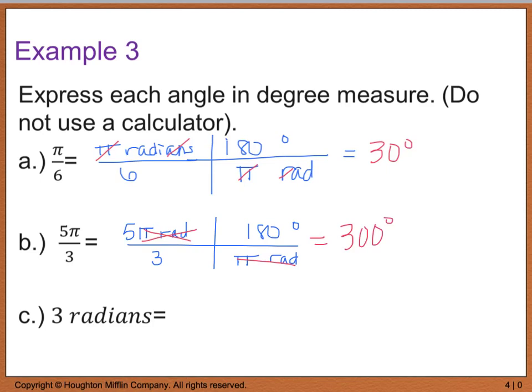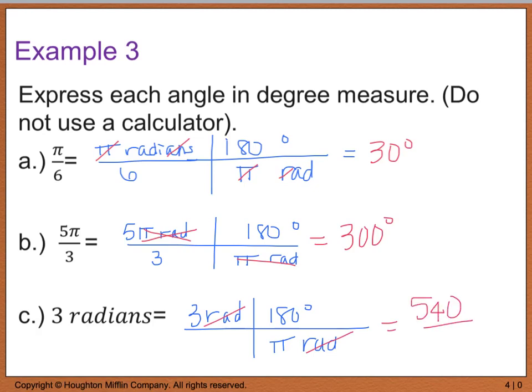And for part C, we have 3 radians. I'm going to go 180 degrees for every pi radians. When I cancel out my radians, I'm left with 3 times 180, which is 540.